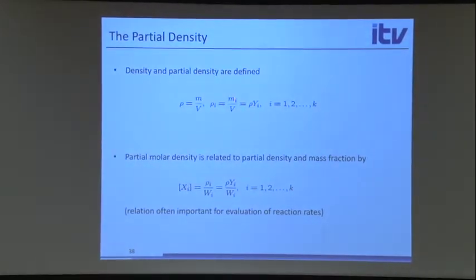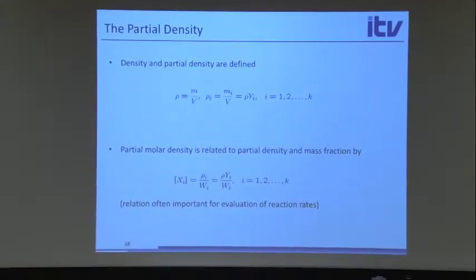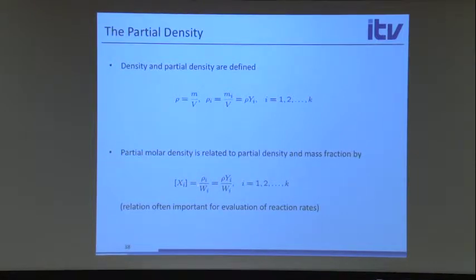The density is defined like this. Partial density is defined like this. We know all of this. This is an important relation. Our mass balances are usually in terms of mass fraction. So equations usually are in terms of mass fraction, but then in the equations for the mass fraction, you have a chemical source term.